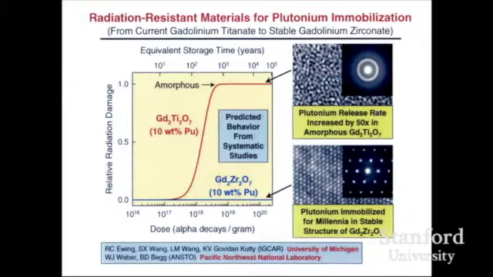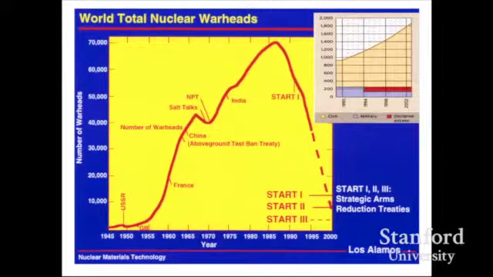If we substitute zirconium, it remains crystalline, even out to many thousands of years. Okay? So we have the possibility to do this type of engineering. And I should point out the gadolinium titanate is very susceptible to radiation damage.